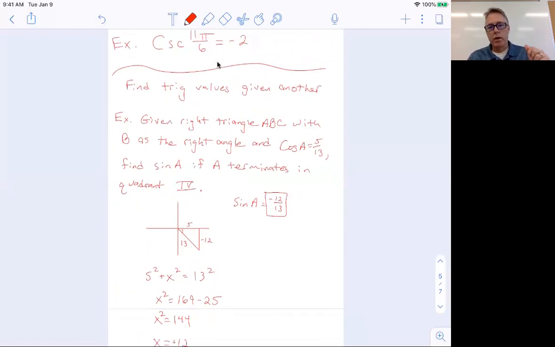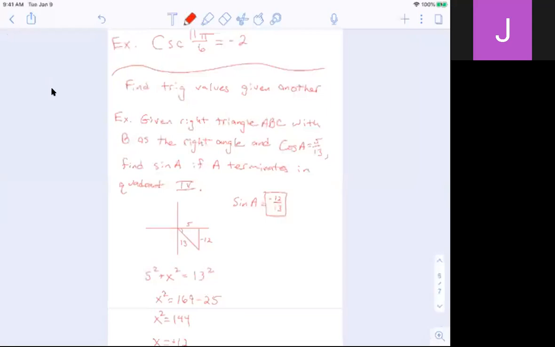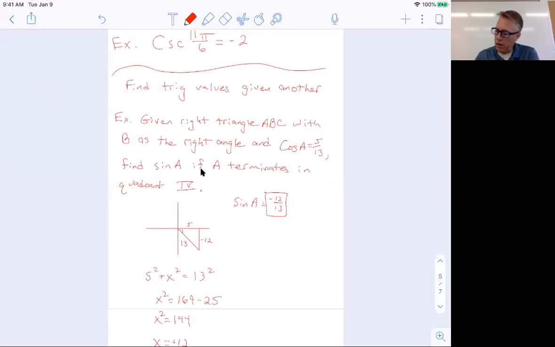Okay, so again, we drew our triangle in the quadrant. We labeled the two sides. We found the third side, and then we did our trig ratio. How did you know where to put the 5 and where to put the 13? Yeah, I knew that because it said cosine, and cosine is adjacent over hypotenuse.